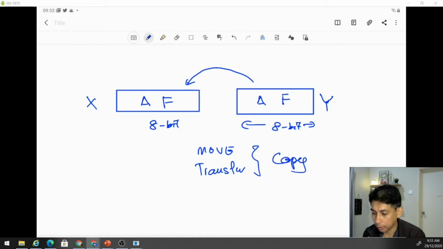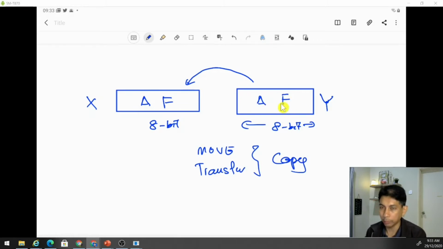Because when we transfer the data from this register to this register, we will see that the data actually still remains in Y. So X will get a copy from Y, because we just read the data from the bus and write it in X, and the data remains in Y.